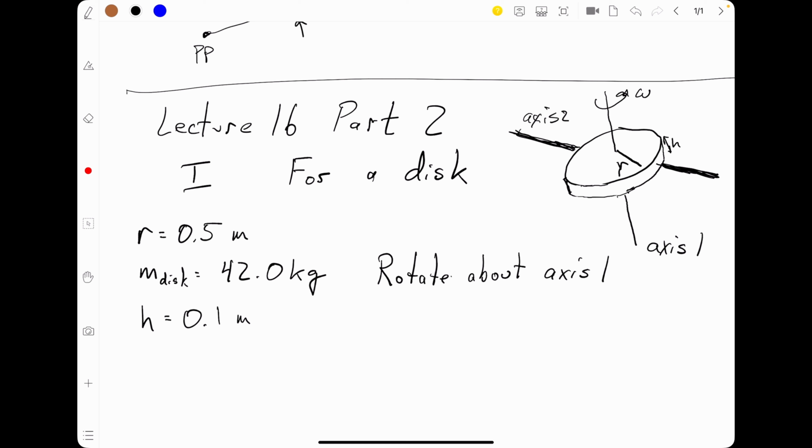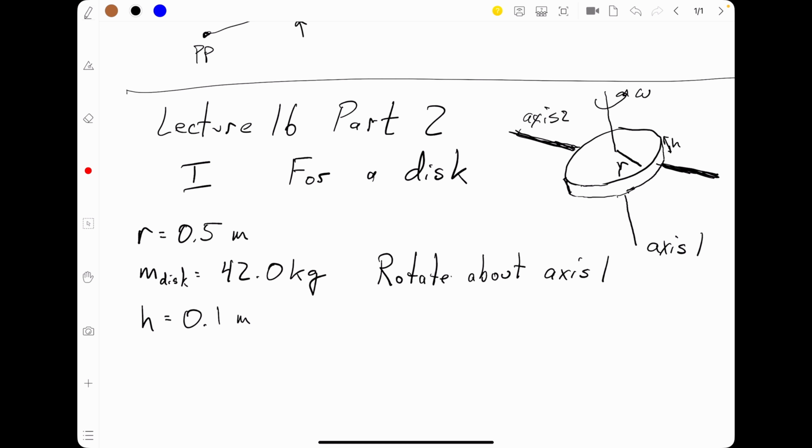I'm gonna cut, maybe. I might edit. Who knows? We'll see if I do or not. What chapter are we on again? Rotational motion, chapter 10.